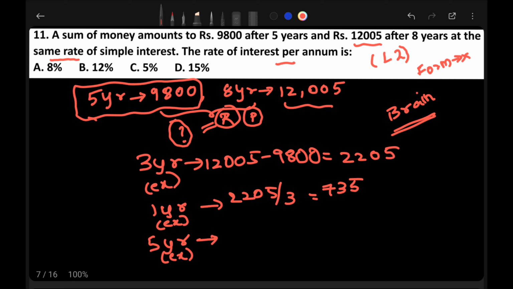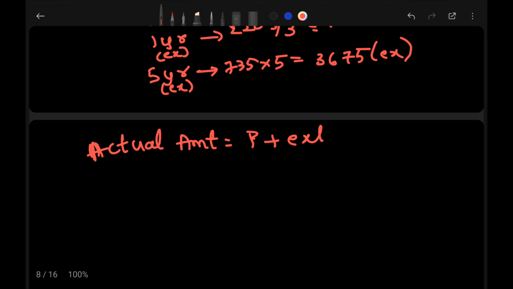So this is the extra amount. Now the actual amount is equal to principal amount plus extra amount. Here extra means just that simple interest amount.